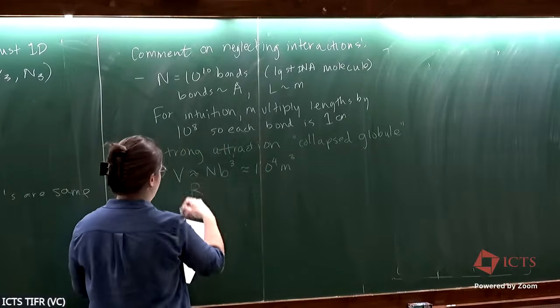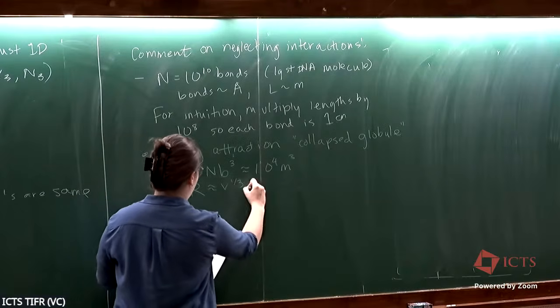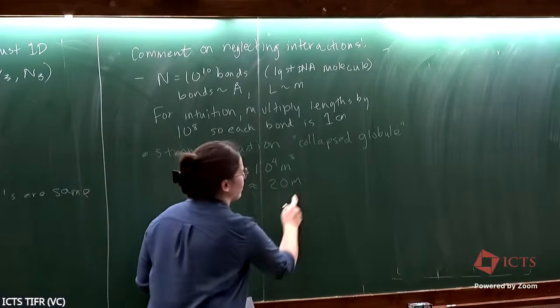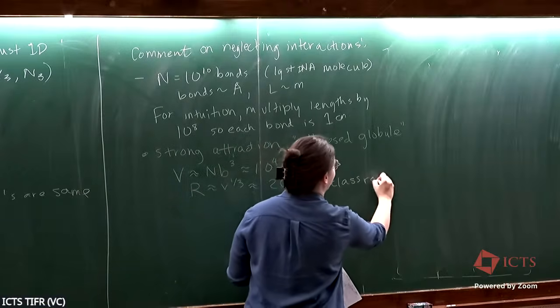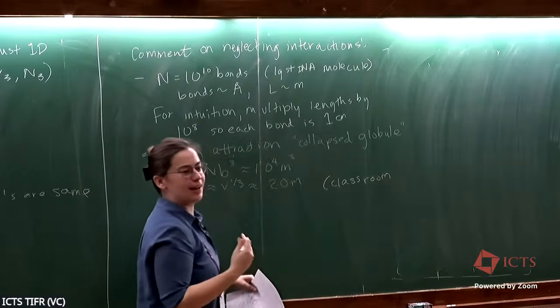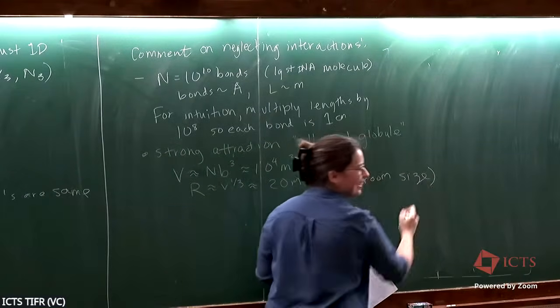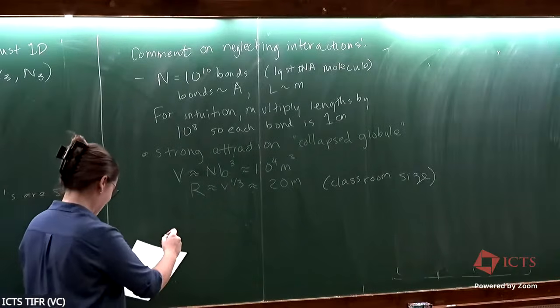So the approximate radius would be V to the 1/3, which would be 20 meters. I'm not so good with my metric, but maybe somebody else here could confirm that this is a typical classroom size. So this is for strong attraction. This is how big our polymer is.